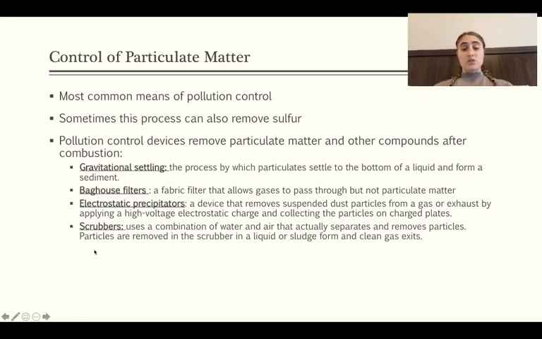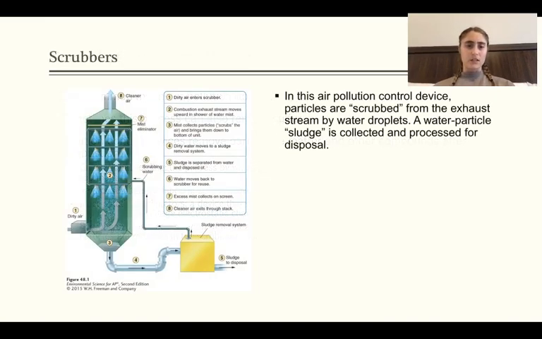And then this last one is scrubbers. Scrubbers are the most common one, and these will actually additionally remove some sulfur from the air as well. But essentially what's happening, I'm actually going to move to this next slide to explain, is these happen on top of smokestacks, essentially. So say you're at a coal burning power plant.